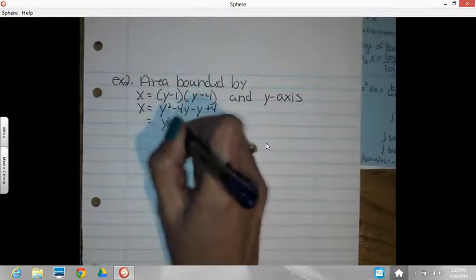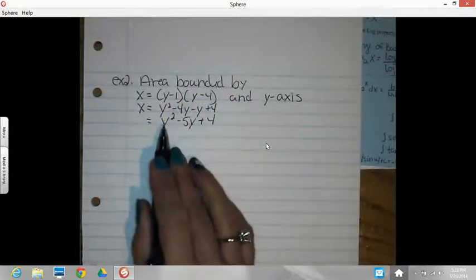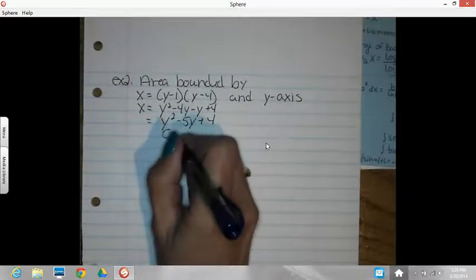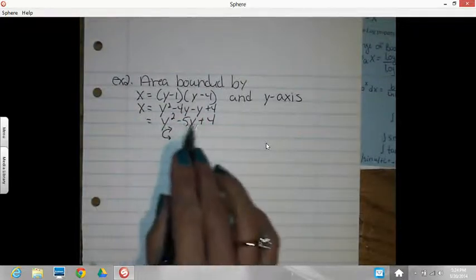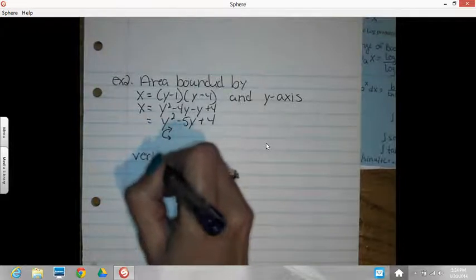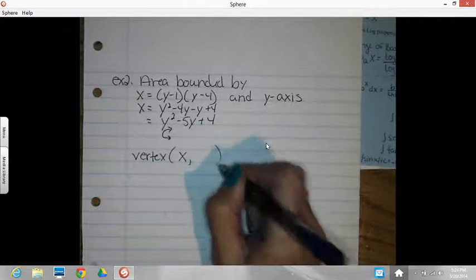I know it's a quadratic. I know it's a sideways one, and it's opening to the right because it's a positive y squared as opposed to a negative y squared. I can't graph it in calculator, but I'm going to remember that vertex equation. The vertex, I'll figure out the x after I figure out the y. And that formula was the opposite of b divided by 2a.